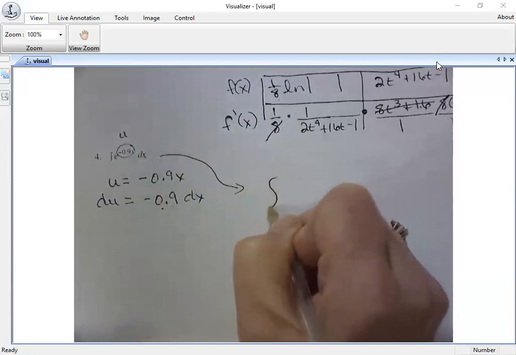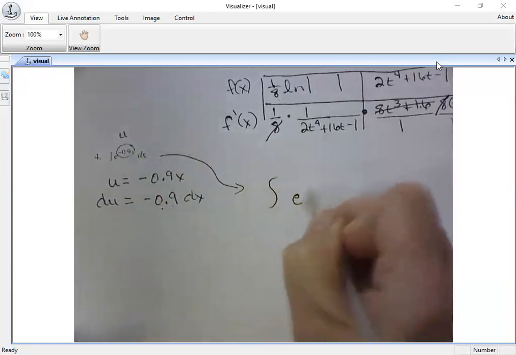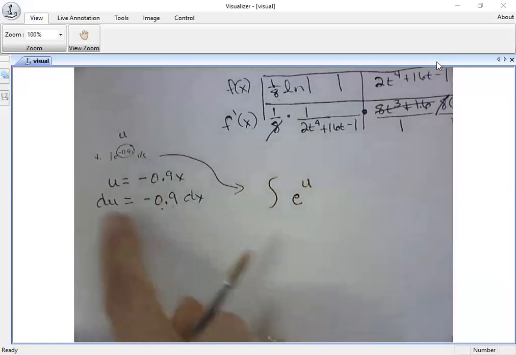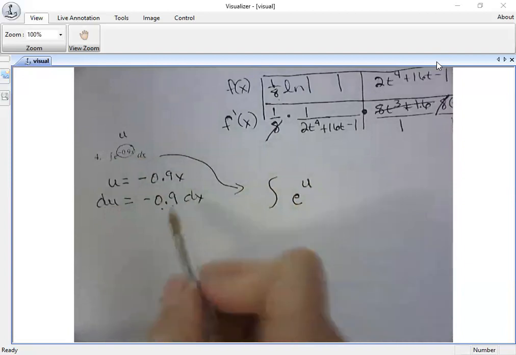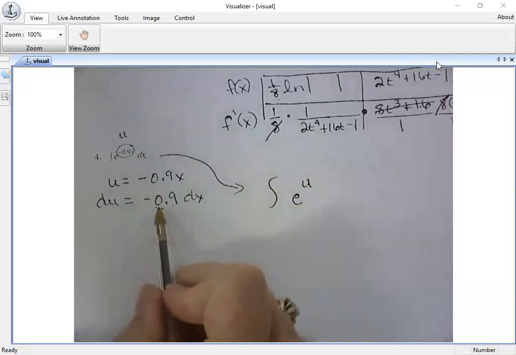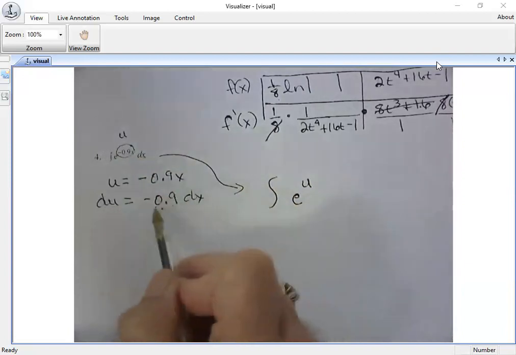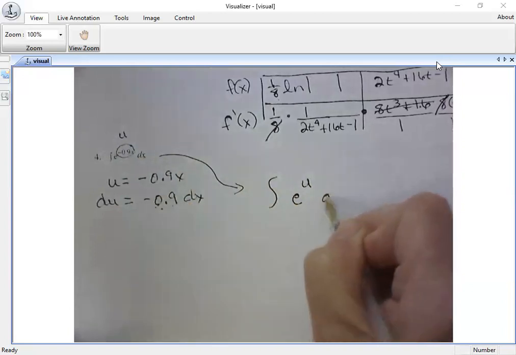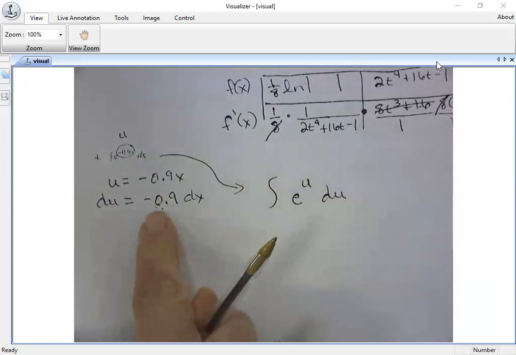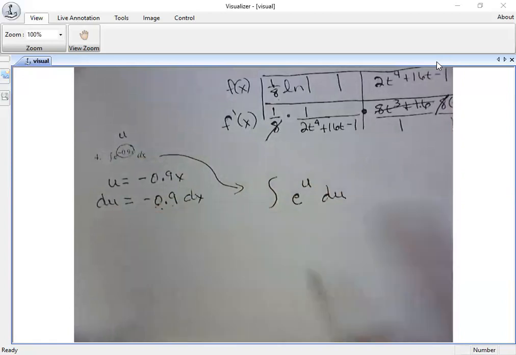We would be integrating e to the u. Now, in order to put du here, what am I going to have to do? There you go. Since this has to be included as part of the du, I also have to multiply by the reciprocal of this.